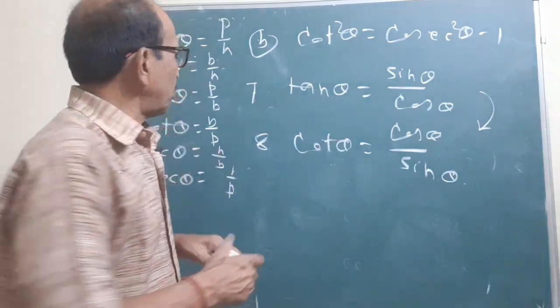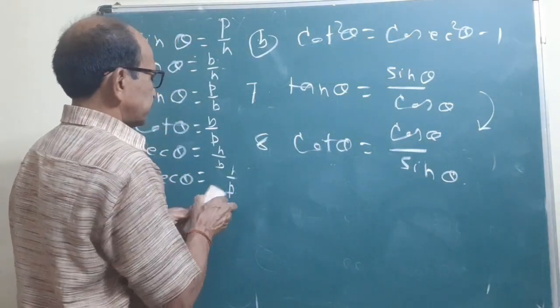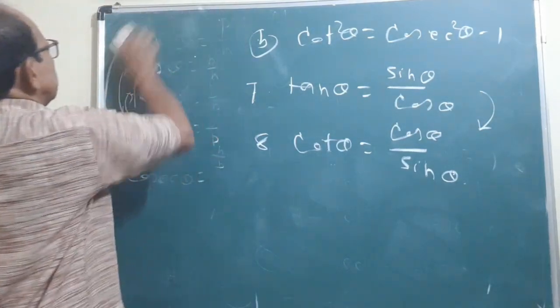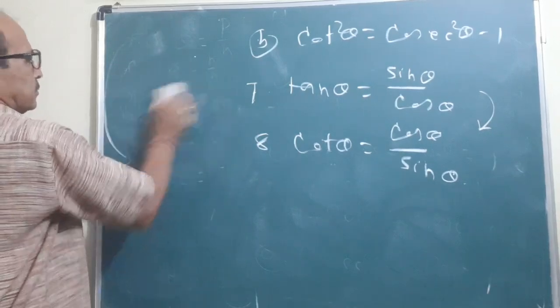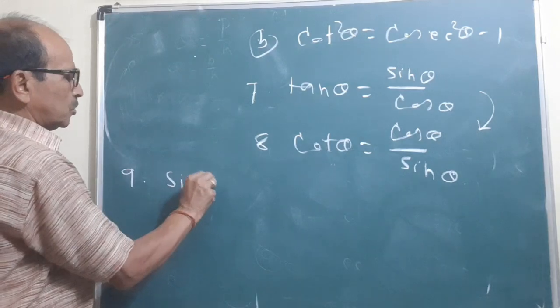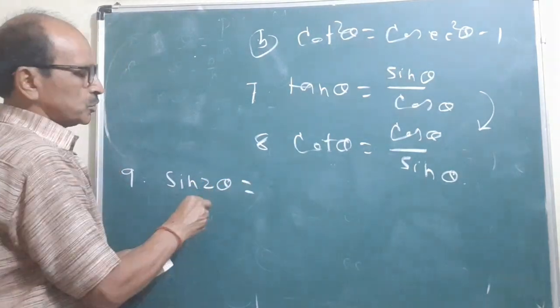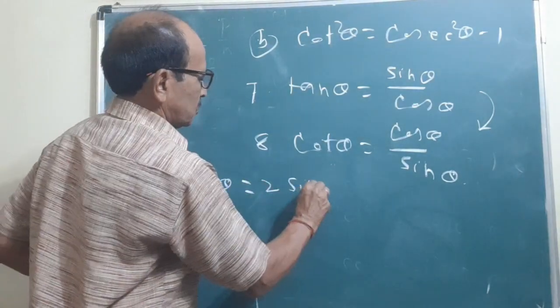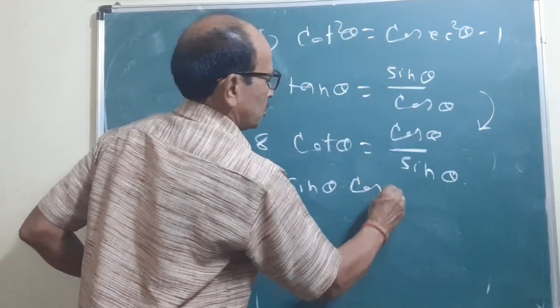Okay, one more formula you can see. Sin 2 theta is equal to 2 sin theta into cos theta.